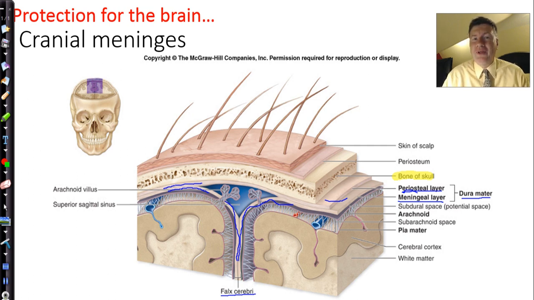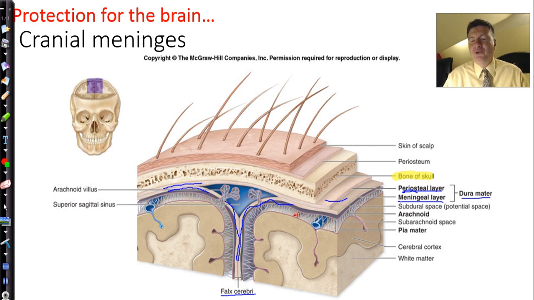Why does the brain need to be held in position? The brain is basically floating inside your cranium, and we don't want it to be sloshing around too much. So the falx, the meningeal part of the dura mater, actually hold the brain somewhat in position so it doesn't slosh around too much. Okay, so that's the dura mater.